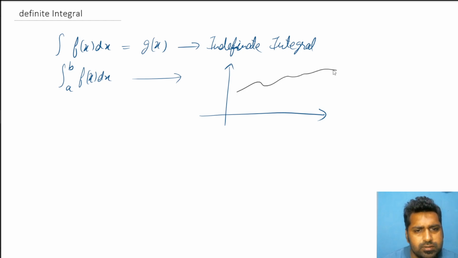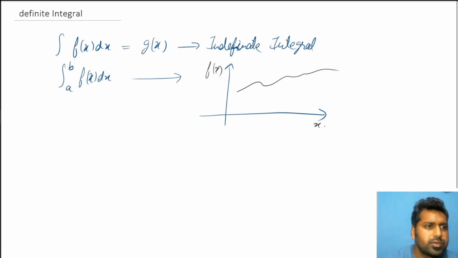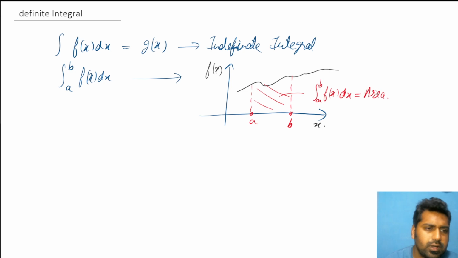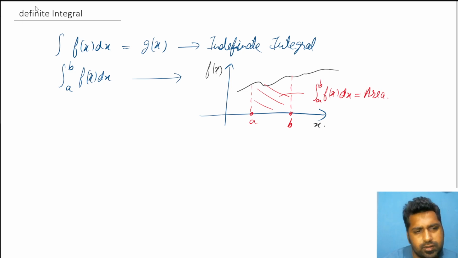Suppose this is your function f(x), and you are integrating from point A to point B. So basically this area will be your integration of f(x) dx from a to b. This area is the physical meaning of definite integral.